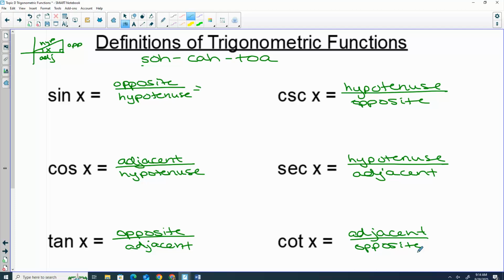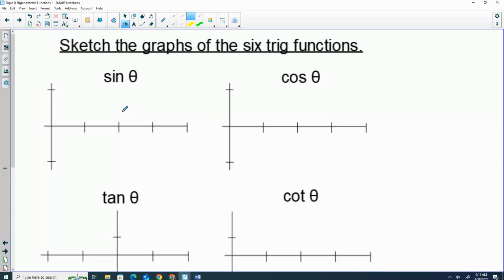Let's talk about the graphs of our trig functions, and then we'll actually look at some problems. So remember when we graph them. Not that in calc I'm going to have you drawing the graphs of the trig functions, but sometimes if you have a question and you're trying to figure out something about it, knowing what the graph looks like might jog your memory.